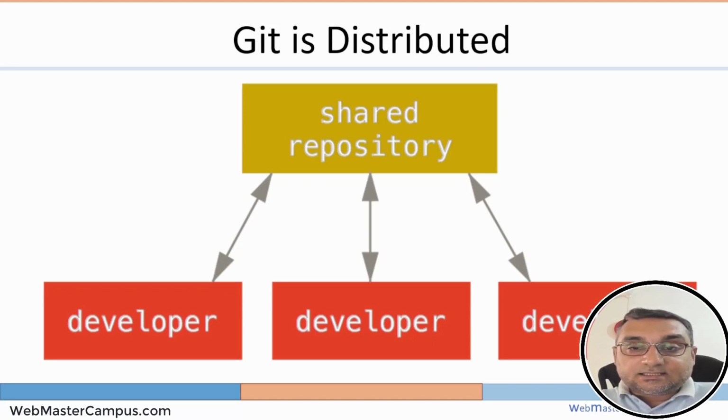So in case anything goes wrong with the shared repository, any developer can share the complete changes to the shared repository. So with distributed, multiple developers can work, merge their changes, submit their changes, and collaborate and work together.